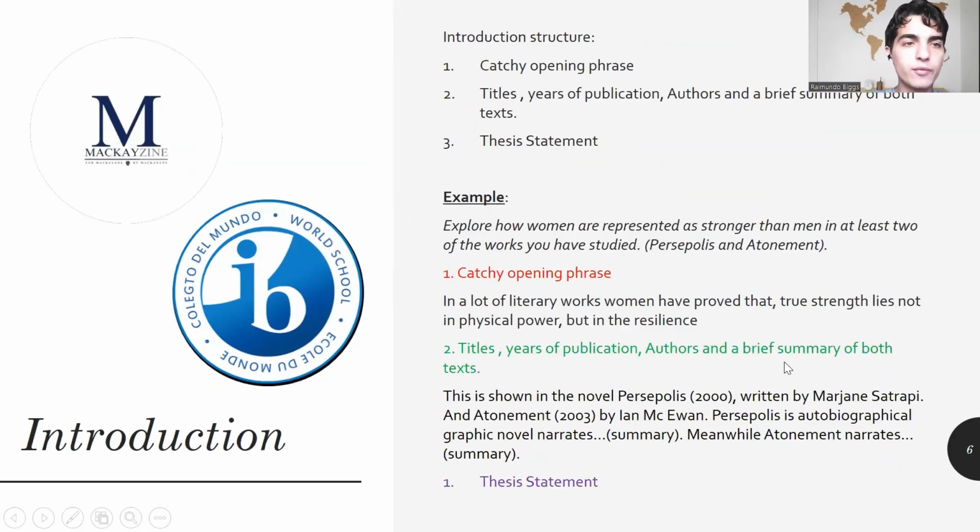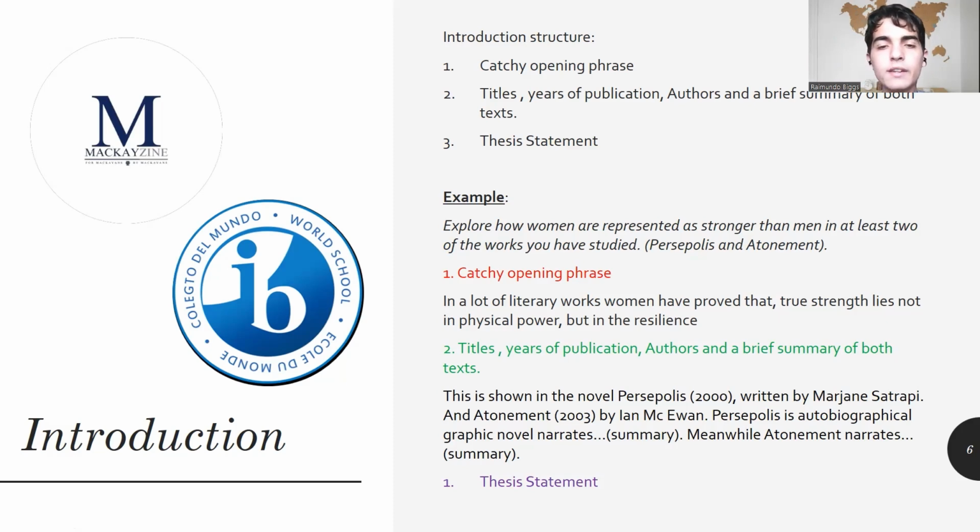Well, a catchy opening phrase will be, for example, in a lot of literary works, women have proved that true strength lies not in physical power, but in resilience. So this is to catch the reader's attention, that in literary works, women have proved that strength lies not in physical power, but rather in resilience.